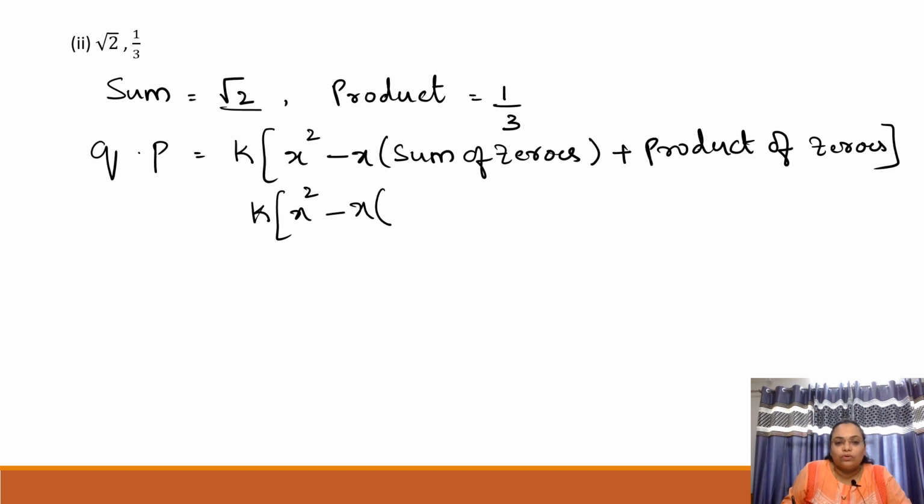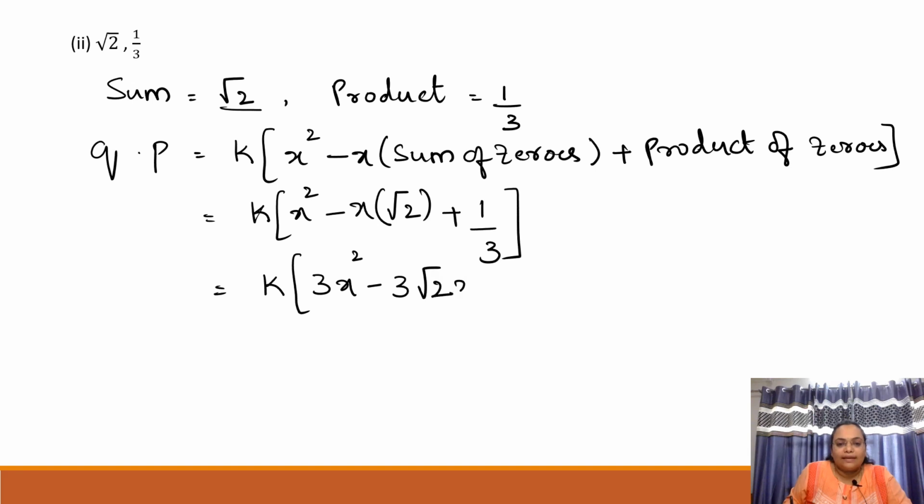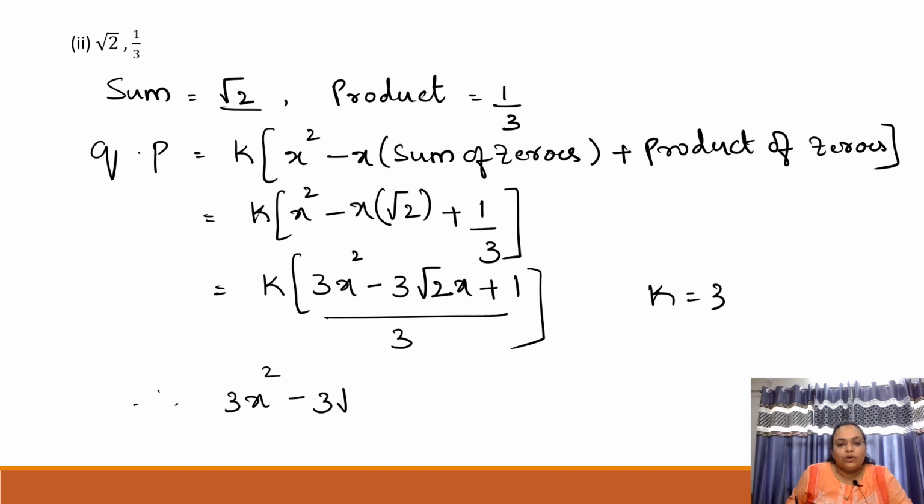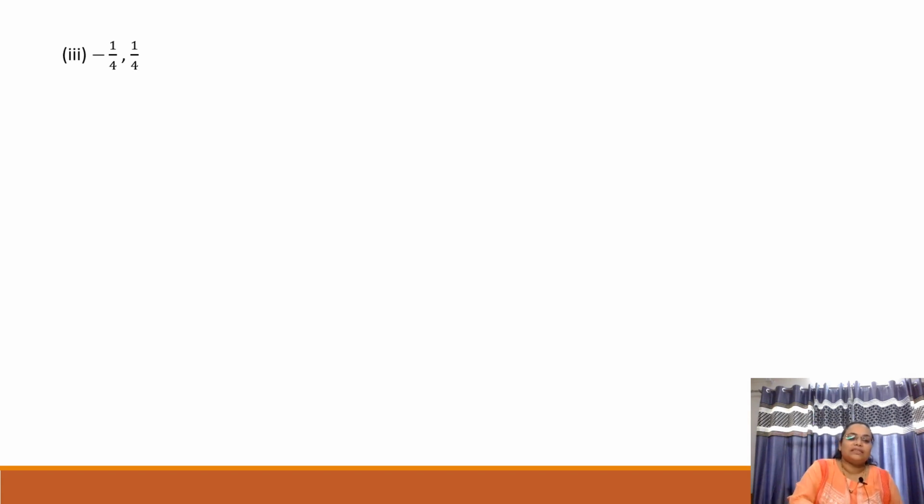Sum of zeros is root 2, plus, what is product of zeros? It is 1 by 3. So K of, let me take an LCM, that is 3x square minus 3 root 2x plus 1 by 3. Therefore, quadratic polynomial will be 3x square minus 3 root 2x plus 1. Clear?